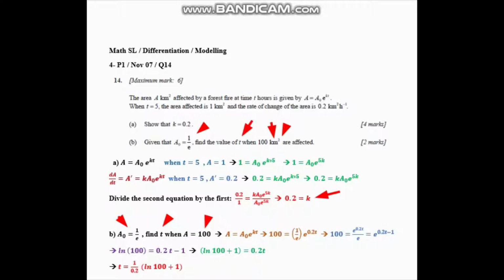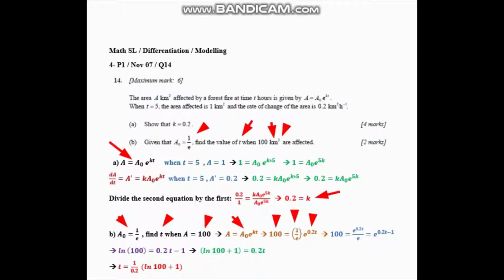So I shall simply plug all the known variables into this original equation and find the unknown variable. So I've rewritten the black equation, the original equation right there, and I've plugged in the associated variables, 100 instead of A, 1 over e instead of A naught, and the k I've substituted for 0.2.